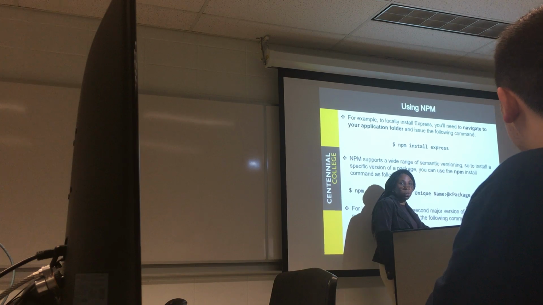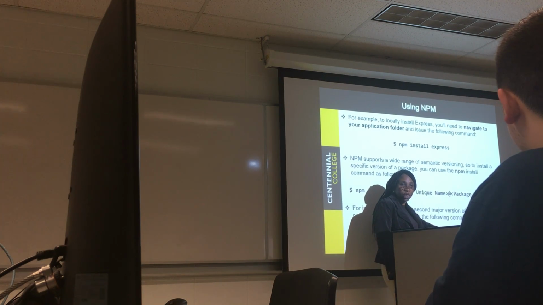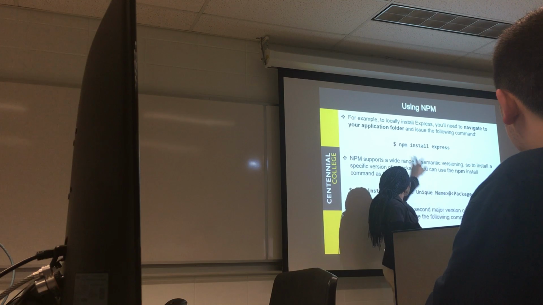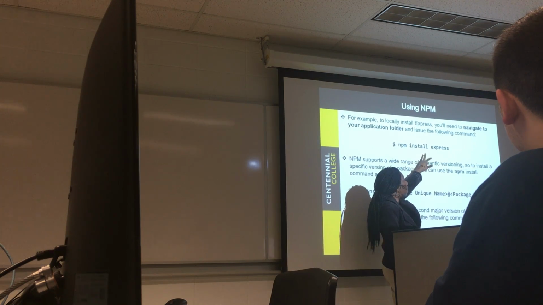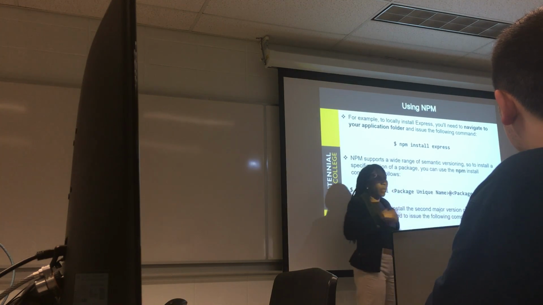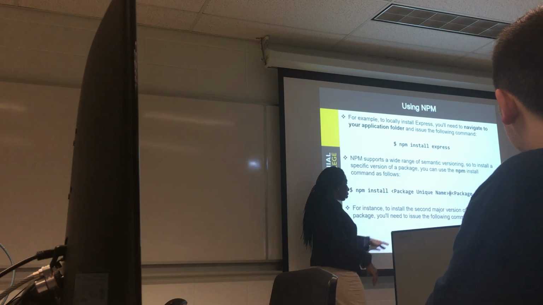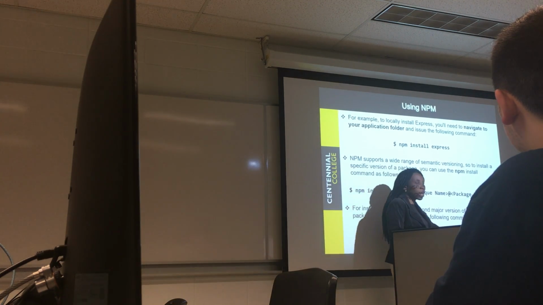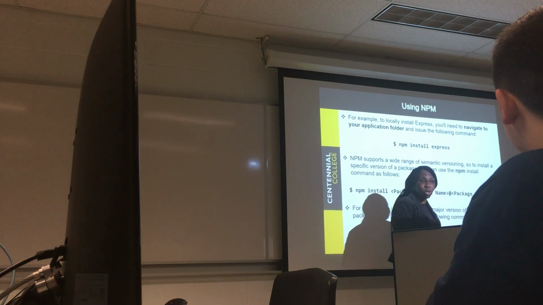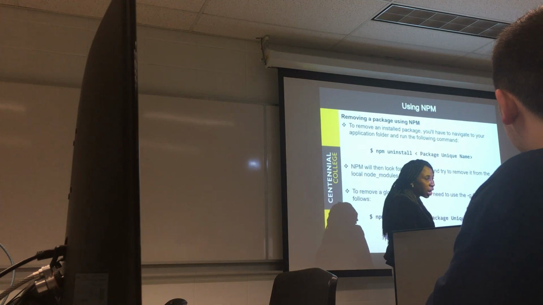We want the 2.0 version. If you use npm install express, it will install the current version. But if you don't want the current version and want a specific version, you say npm install express at the version you want to install.